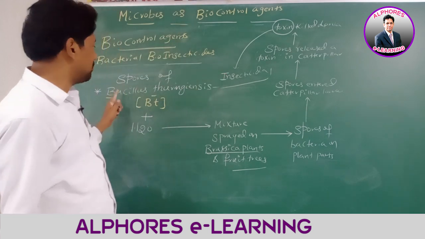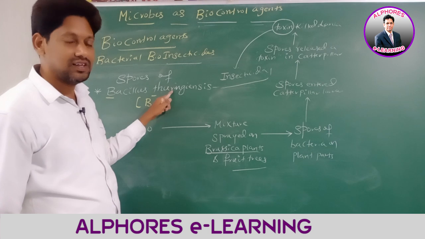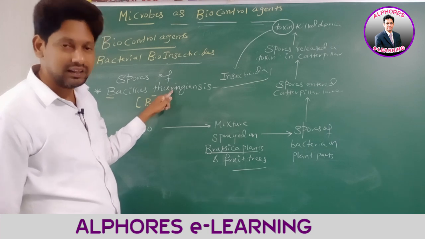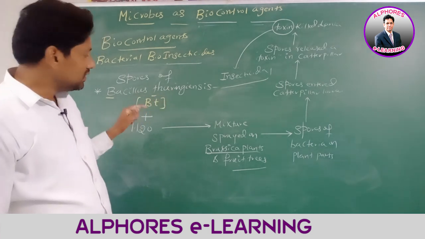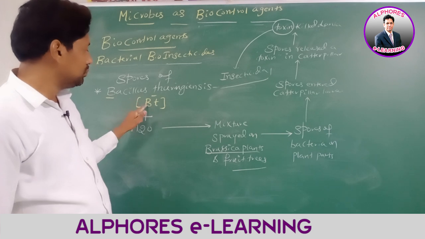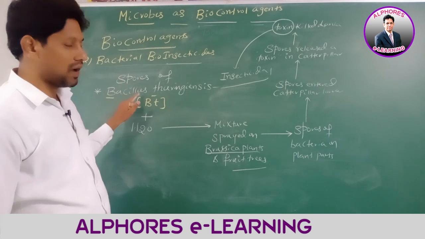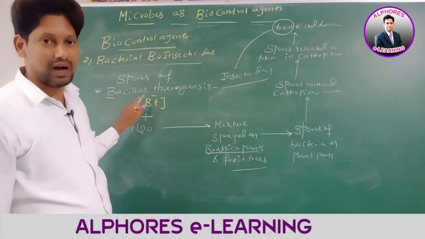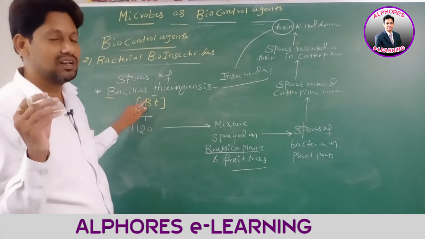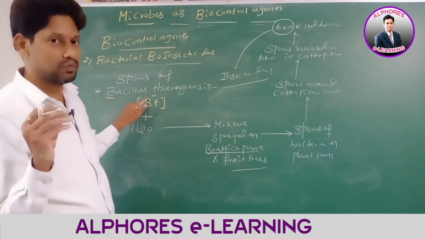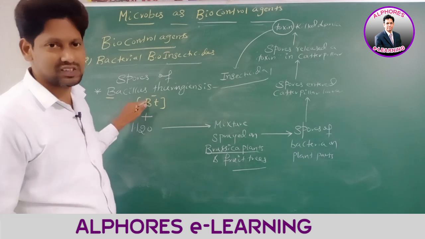Right? Therefore, Bacillus thuringiensis is a gram-positive bacteria. It is a soil bacteria. In short, we write it as BT. In olden days, the spores of this bacteria were available in the market in small sachets or small packets.